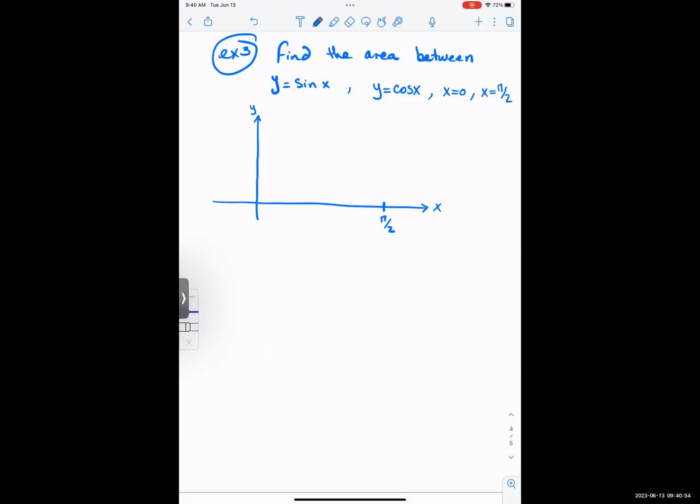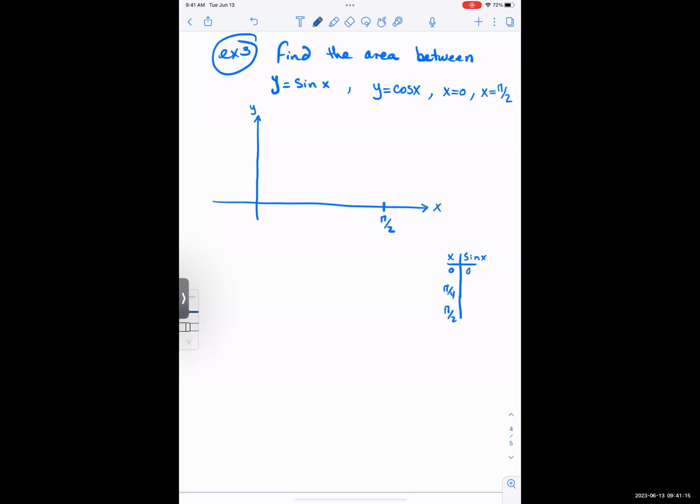Okay. So let's start with sine. If I have x and I have y as sine x, when x is 0 and I want to go to pi over 2, let me find a point in between them, like pi over 4.